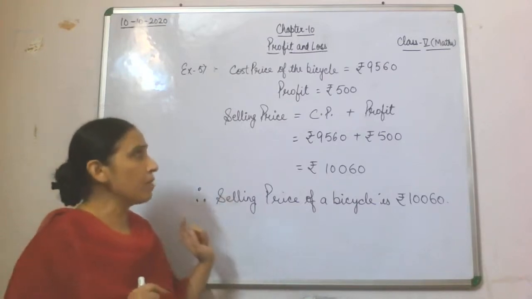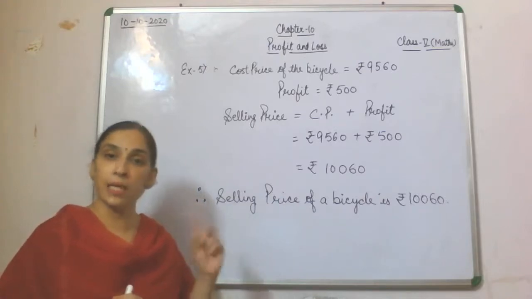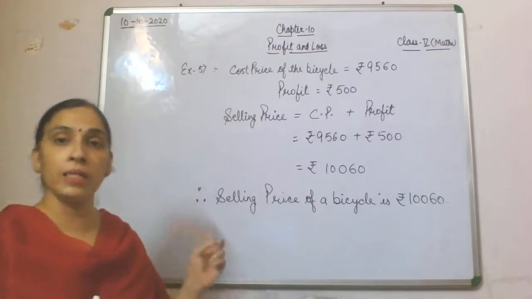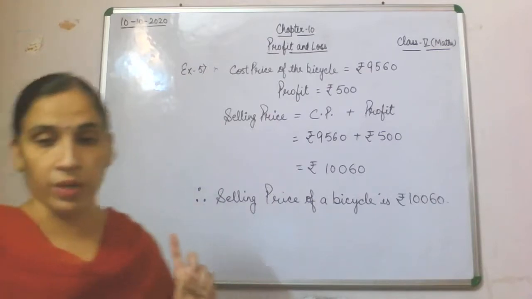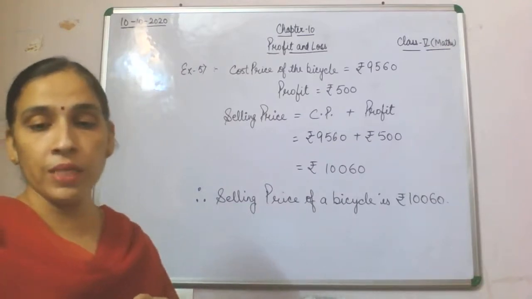So that rupees 500 will be added to the cost price so that the selling price will be more and that shopkeeper can earn the particular profit. Now, one question we will see.